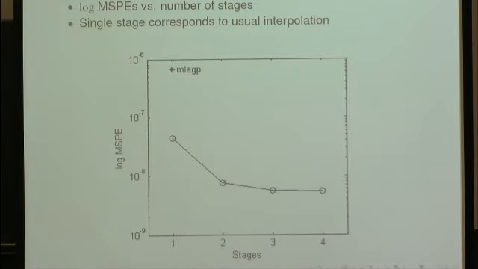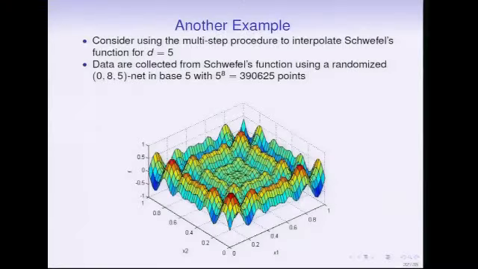MLEGP, just as a reference, doesn't do nearly as good as even just doing the best you can yourself. And then as you increase the number of stages, you get some improvements, but they taper off pretty quickly. So you don't want too many stages. 2 or 3 or 4 is a good number. So how about a more difficult problem?